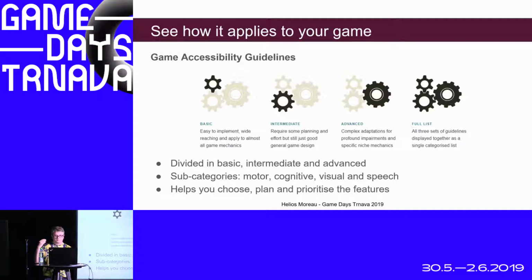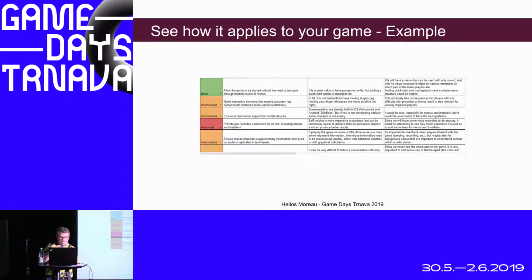And if you review those guidelines at the beginning of the project and then throughout the whole development, you will be able to keep them in mind during the development process, but also you can plan the development and prioritize the guidelines. So to give you a small example, this is a screenshot that I took from a document that I made when I was working on alt frequencies.